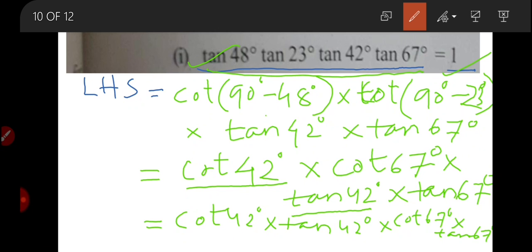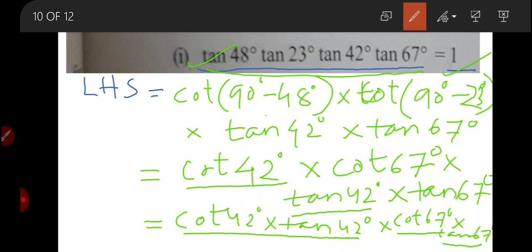As cot is reciprocal to tan, cot 42 degree is reciprocal to tan 42 degree, and cot 67 degree is reciprocal to tan 67 degree. So their multiplication gives one value.